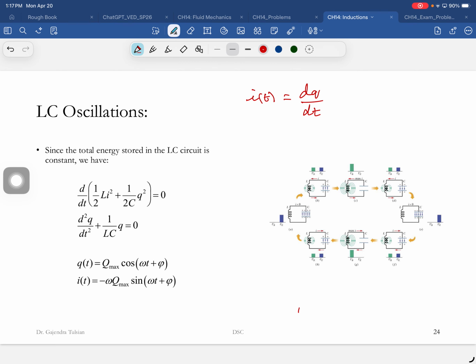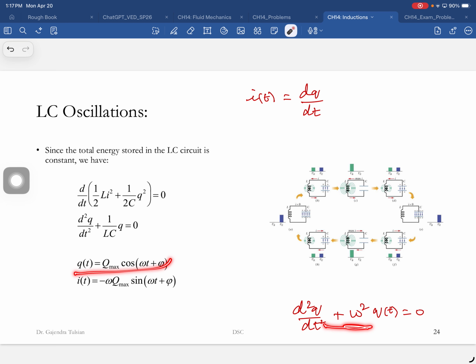So the equation is d square q by dt square plus omega square q. And the solution to this differential equation is that. So omega is the frequency of oscillation. This is just the phase constant.